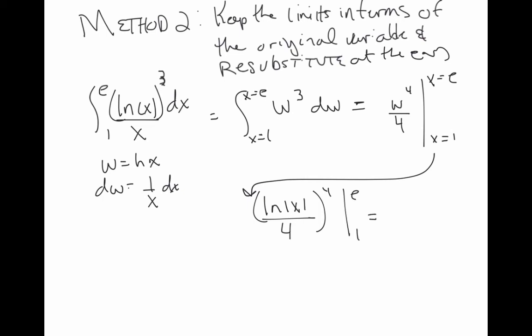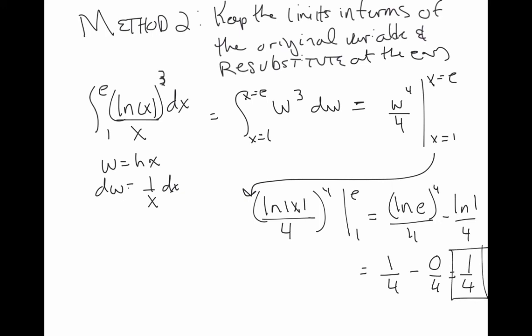So now I'll take the natural log of e to the 4th over 4 minus the natural log of 1 to the 4th over 4. Of course, the natural log of e is just 1, so we get 1/4 minus 0 over 4. So you can see we get the same answer. It's just different work. Let's take a look at another example, and then we'll wrap things up.